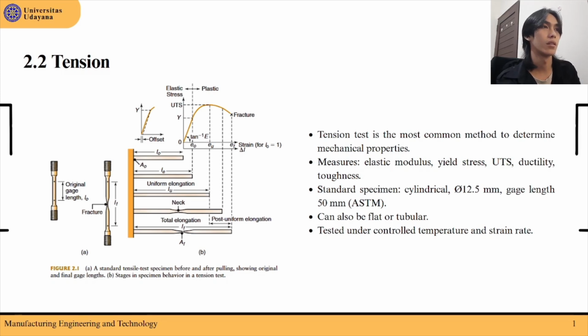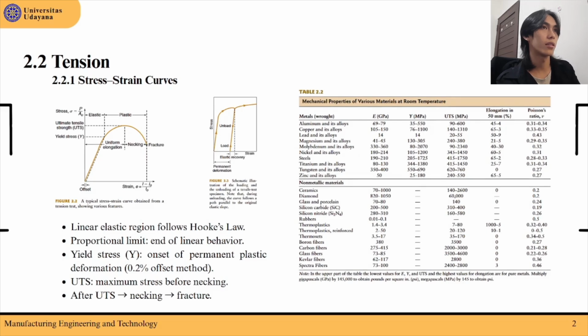So we have the stress curve at the top of the image, with offset, elastic stress, plastic, fracture and strain. So the next slide is the steel tension stress strain curve. In this slide we explain the stress strain curve, up to the broken specimen.